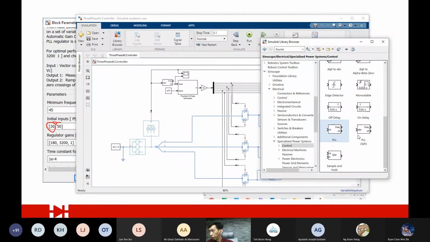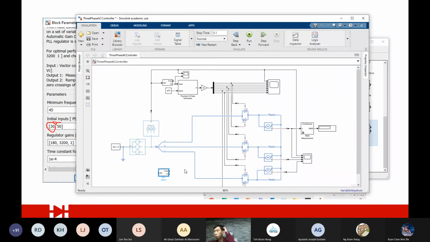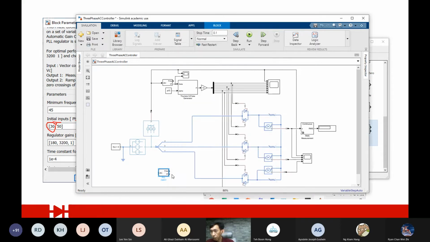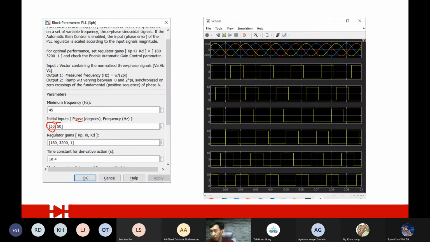If you notice, the same applies to the single phase, if the starting angle is different. By default, if I don't make any changes, it starts with 0 and 60 hertz. Why do I need to change it to 30 and 50? Obviously 50, you all understand, because our frequency is 50 Hertz. Why 30? Because the sine wave here, at this point, starts at 30 degrees.